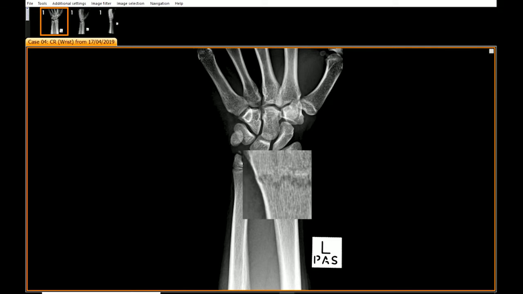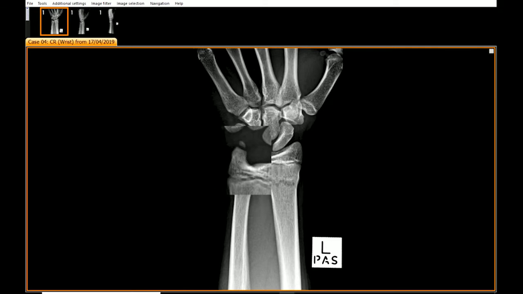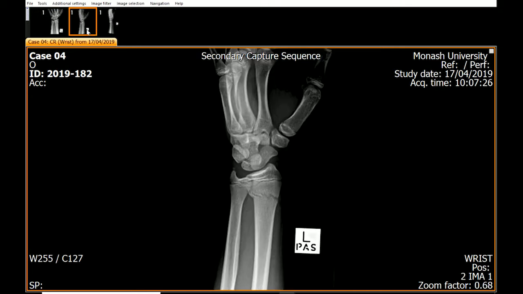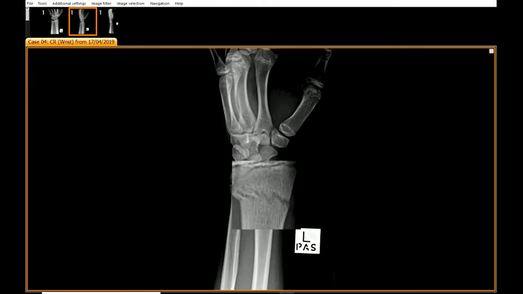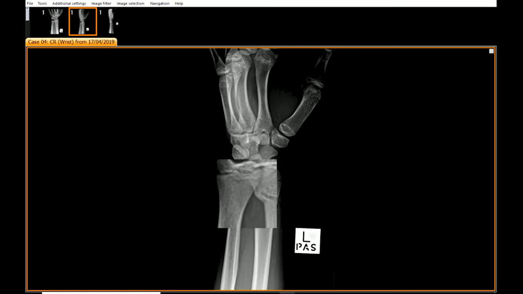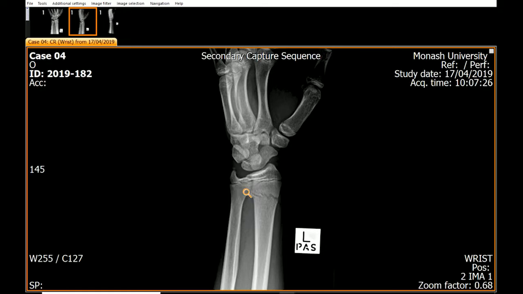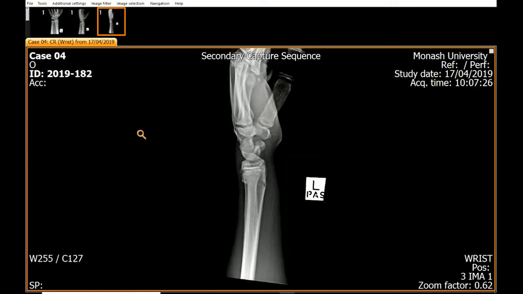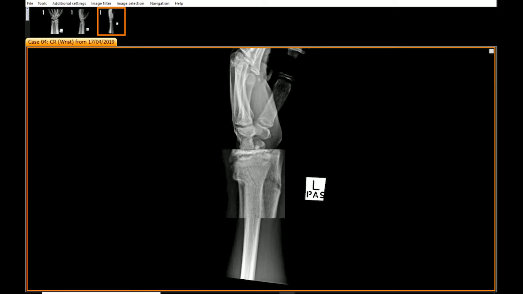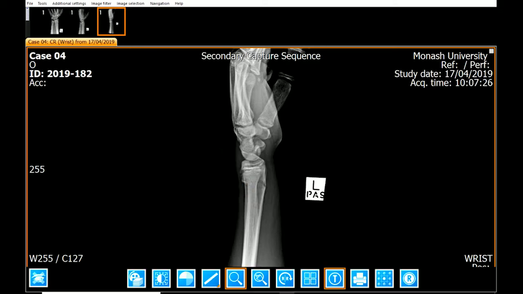And then there's also a styloid fracture as well. We can see that this is not a green stick fracture because the cortex is disrupted on both sides. And then on the lateral view, we can see that the fracture is displaced dorsally.